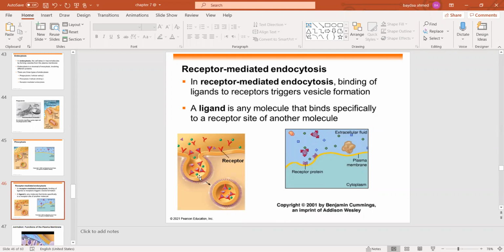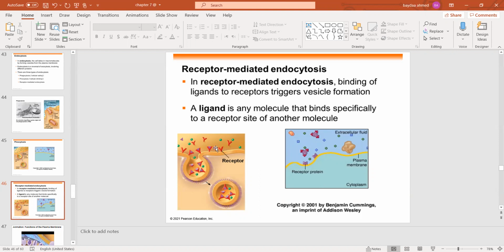Embedded in the plasma membrane are proteins with receptor sites exposed to the extracellular fluid, the yellow Y shapes. Those receptor-specific solutes will bind to the receptors, and then the receptor proteins cluster in coated pits, and each coated pit forms a vesicle containing the bound molecules.